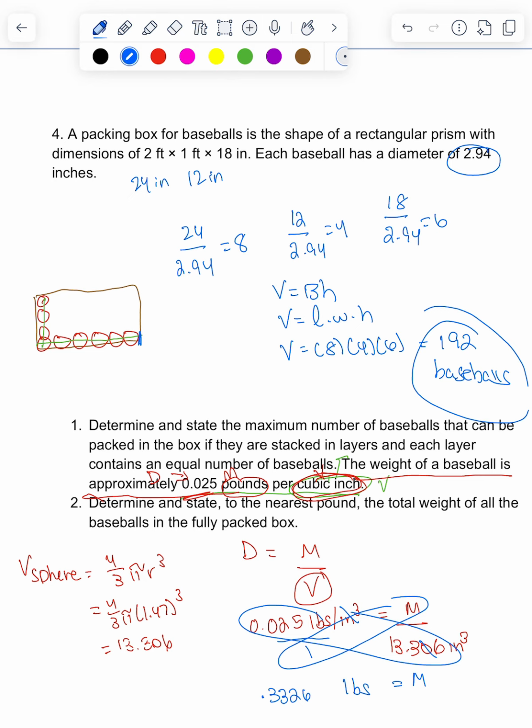So that's really low because that represents the weight of one ball, not the full box. Kind of makes sense, right? Because we found the volume for one sphere. So this mass represents the weight of one ball. We need it for the fully packed box, and in part 1, we determined that a fully packed box has 192 baseballs.